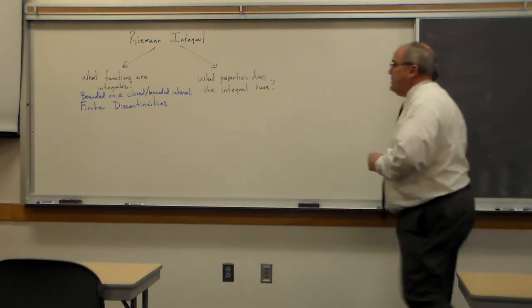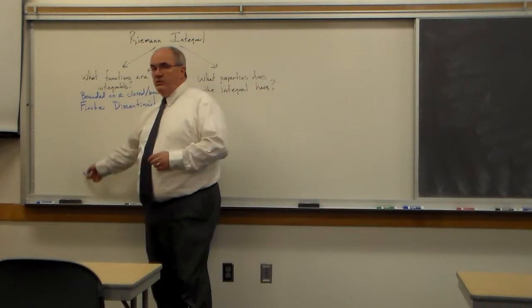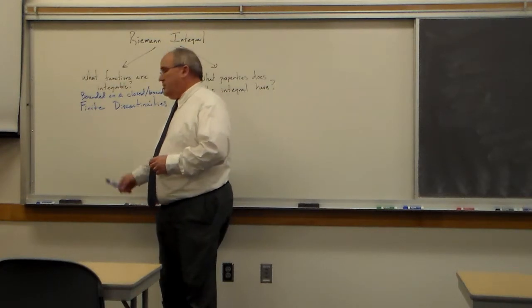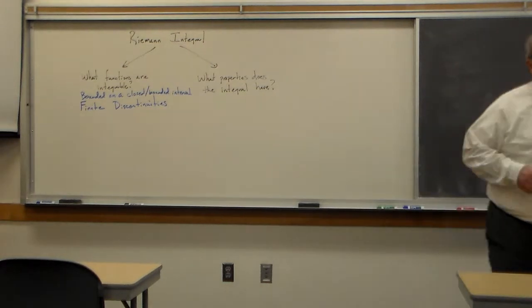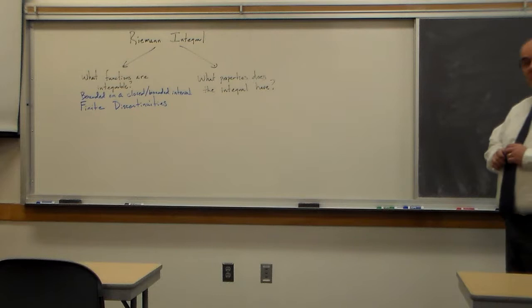Where we're headed next time is to fill this all the way in. We're actually going to do the doctoral thesis of Henri Lebesgue. Well, not the whole thing, but the main part of it, which is to say that a function is Riemann integrable if and only if its set of discontinuities has measure 0.